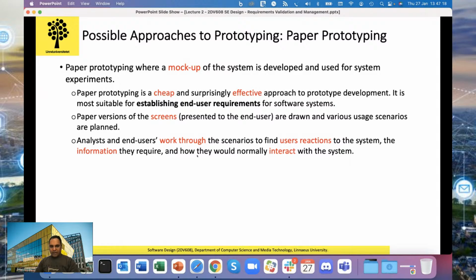So what the analyst or requirement analyst does is go through these scenarios that you draw on the paper and discuss with the users and get their reactions or feedback to see how they interact with the system, what they think of the system, and what can be done further to improve the system.